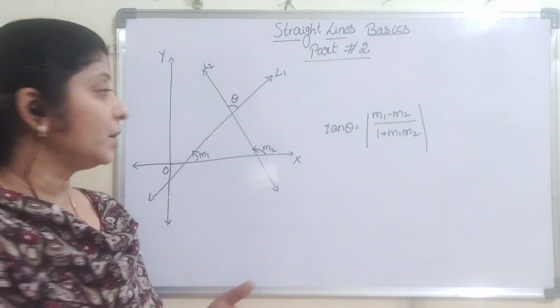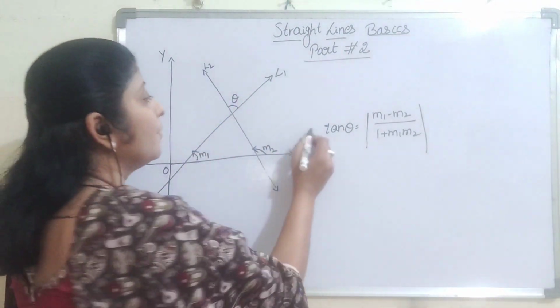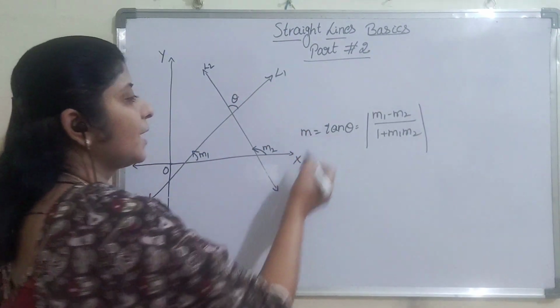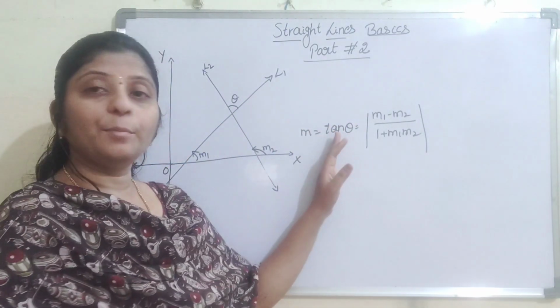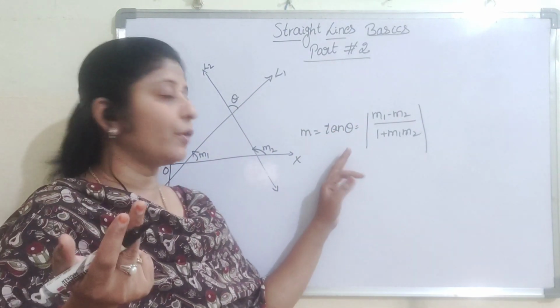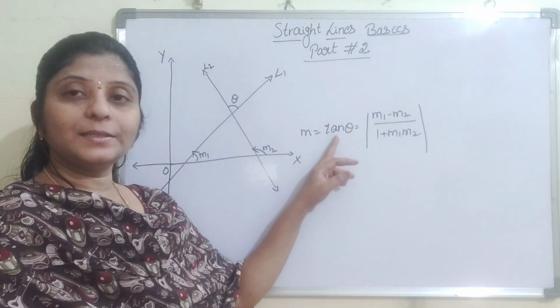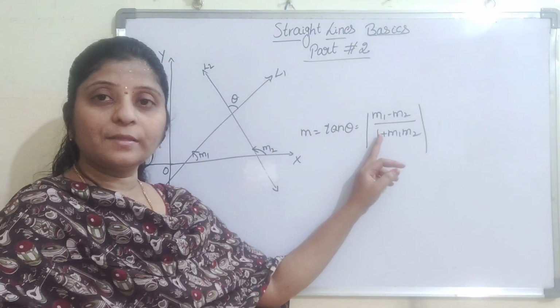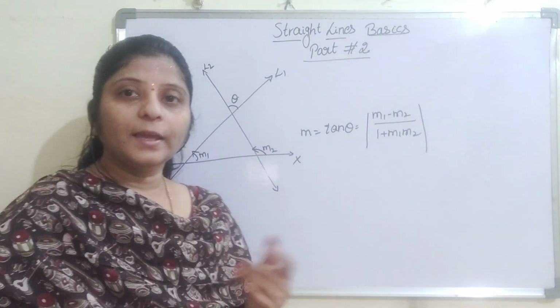This is the formula for tan theta. If we have theta, we can find m as tan theta, or we can say, the angle between any two lines, how will we find it? When the slopes of two lines are given, tan theta will be equal to modulus of (m1 minus m2) by (1 plus m1 m2).